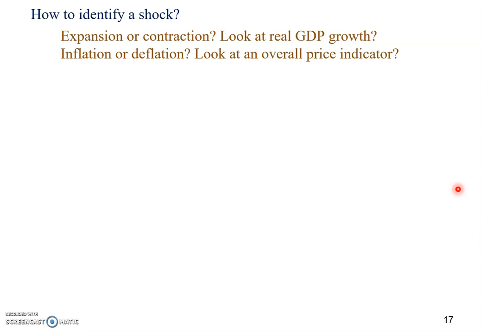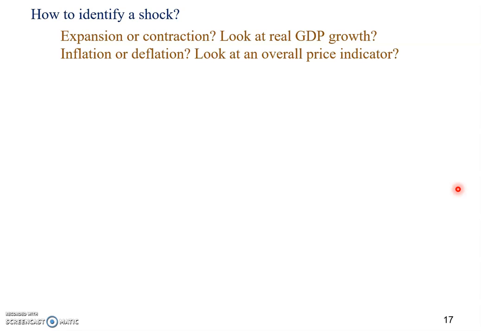Now, here is a simplified version of how to identify a shock. For example, when we look at the output, then we would have a pretty good sense of whether this is an expansion or a contraction, right? We just look at the real GDP growth, and we can draw that conclusion.